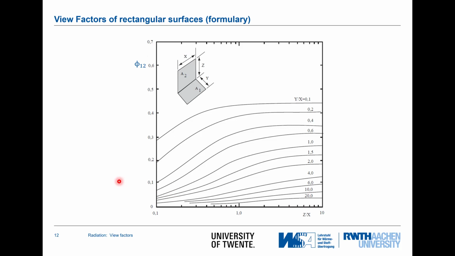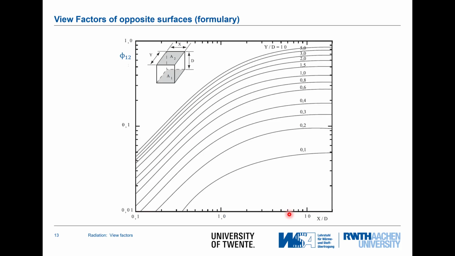The view factors of some systems are put in the appendix of our lecture notes. You see here phi 1 2 for this arrangement. That's kind of a wall and an attached floor, or like a cutaway shoebox. The dimensions are, this extension is x, this is z, that's y. And you see here curves y over x, and here is z over x.